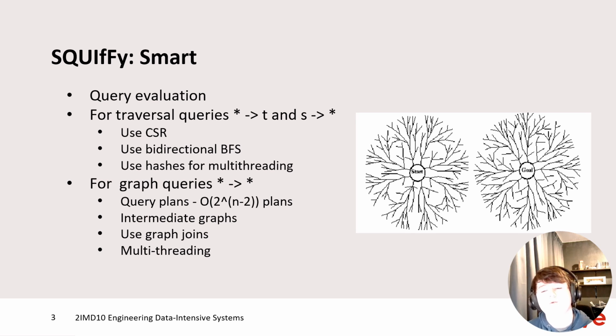This will cause us to only have to generate 2 to the power n-2 query plans in total, which is a great reduction. We will also be using dynamic intermediate graphs for the graph joins in this section, as constantly rebuilding our CSR graph is unfeasible. We will also try and multi-thread as much of our graph query process as possible.